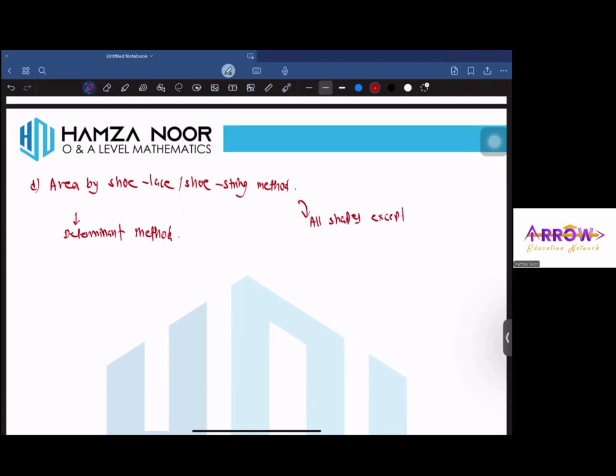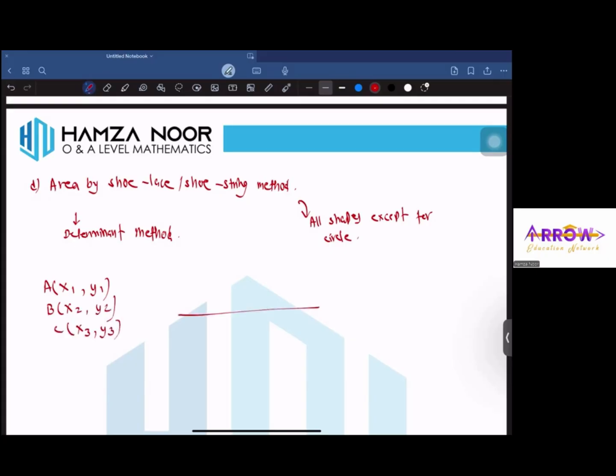So I'm also going to explain why this cannot apply on circle in the end. Okay, I'll explain this thing in the end. So the thing is that when you want to find the area of triangle ABC, let's say A is in the form of x1 comma y1, B is in the form of x2 comma y2, and C is in the form of x3 comma y3.